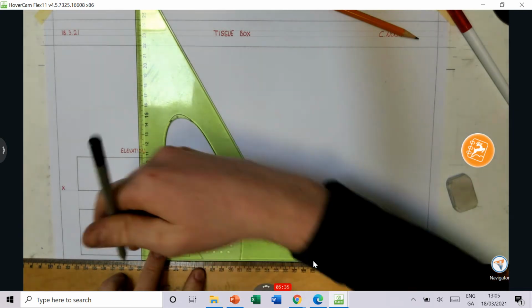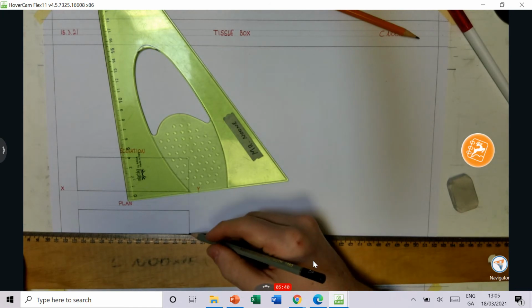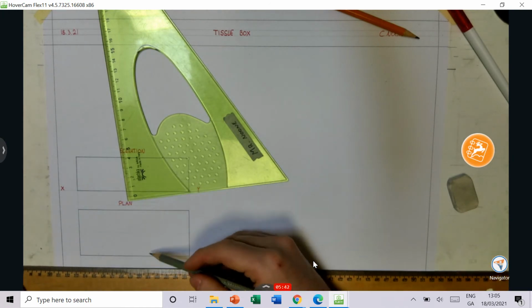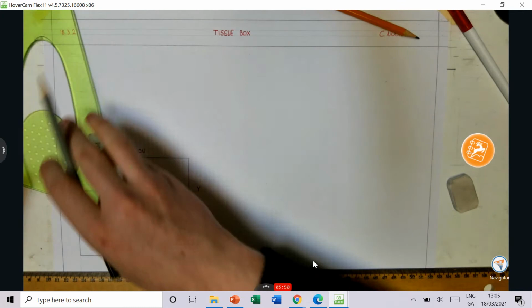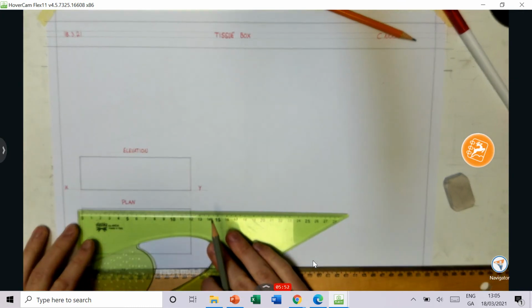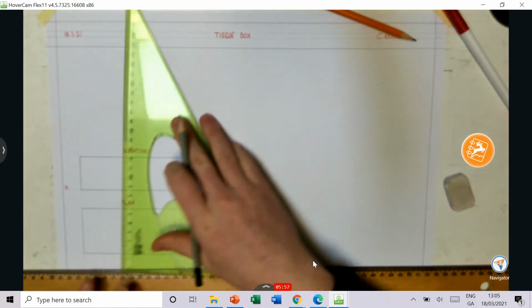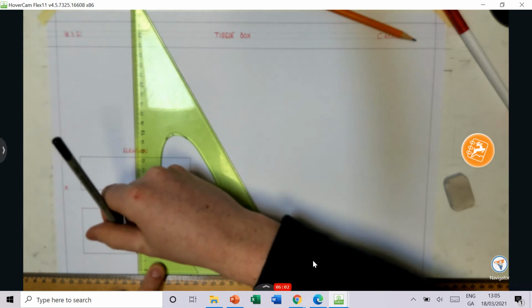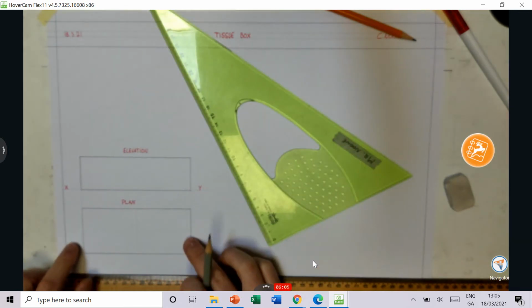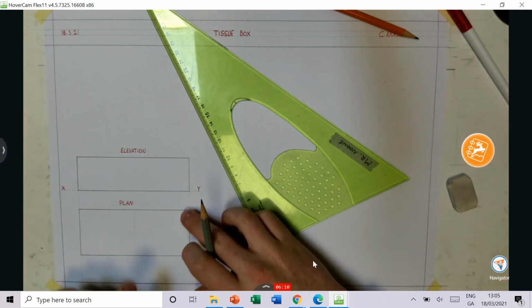I know it's 50 tall, so I'm going to draw a line through the center, 25 mil in from each side, so 25 up will find halfway. And the overall width of that shape is 120, so if I measure in 60, which is half that, and draw a vertical line, I've now found the center of that rectangle.